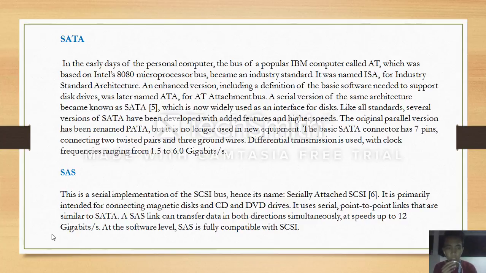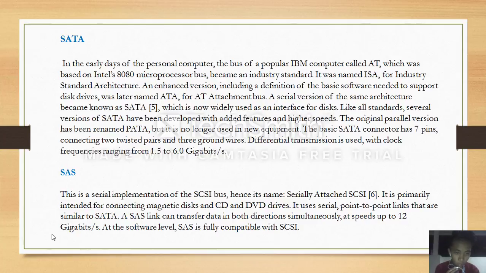Like all standards, several versions of the SATA have been developed with added features and higher speeds. The original version has been renamed PATA but is no longer used in new equipment. The basic SATA connector has 7 pins connecting 2 twisted pairs and 3 ground wires. Differential transmission is used with clock frequencies ranging from 1.5 to 6 gigabits.